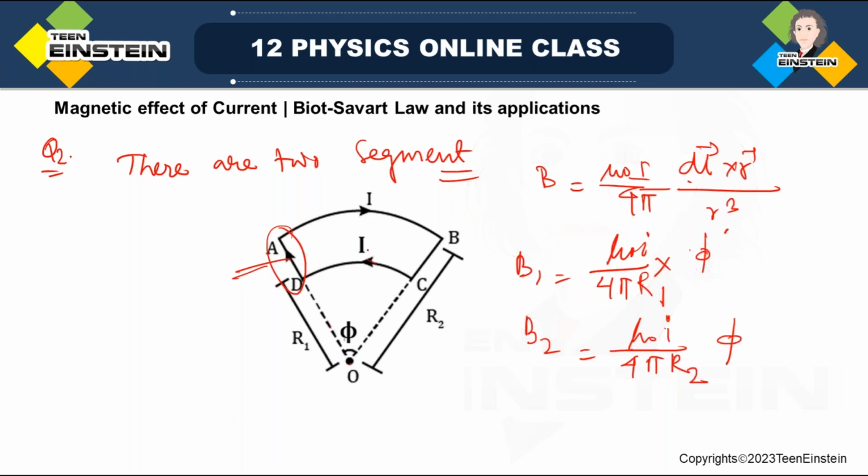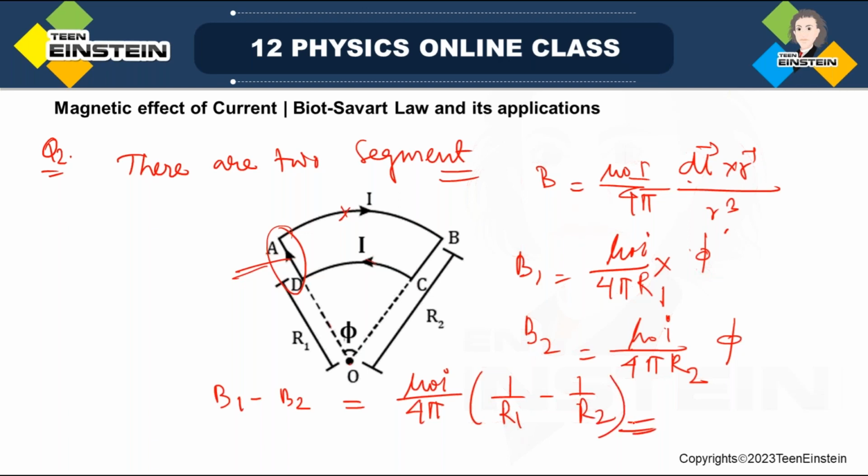Direction for this will be upward and for the other one downward. So we will get mu 0 I by 4 pi, this is common, with the minus sign, 1 by r1 minus 1 by r2. So this is the one.